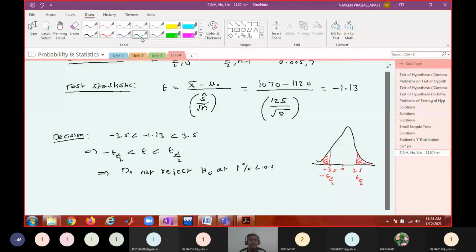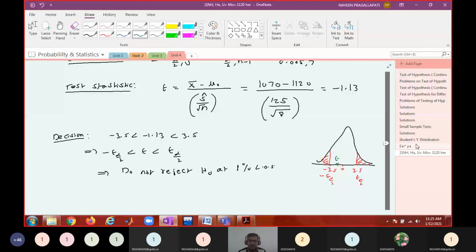Again, it is falling in the non-rejection region. Is it okay? Yes. So minus 1.13.